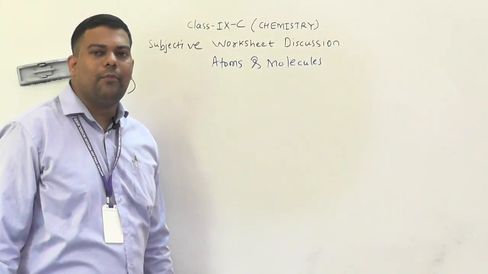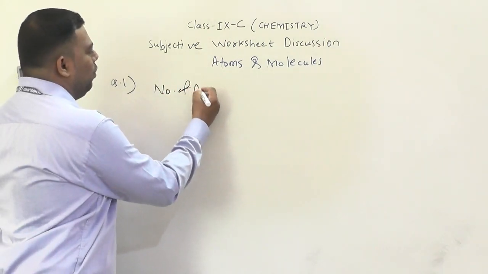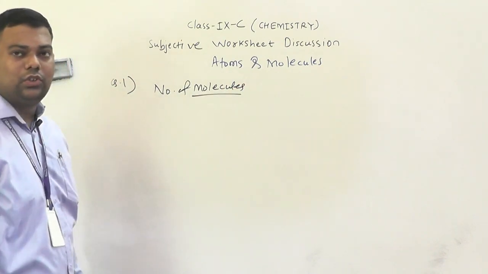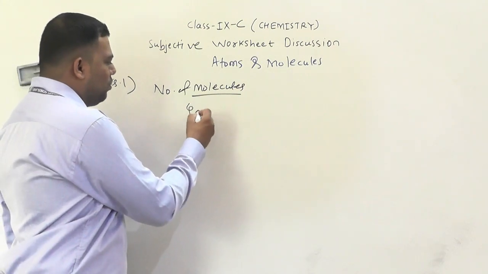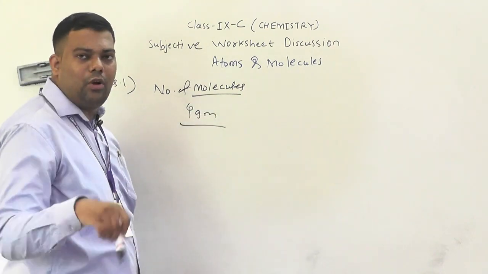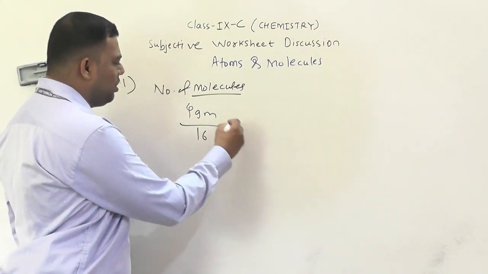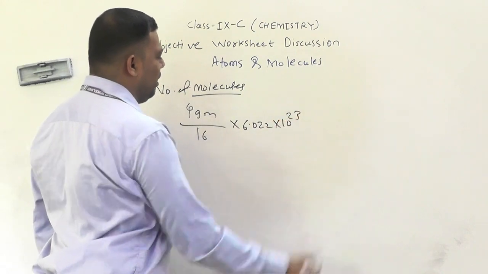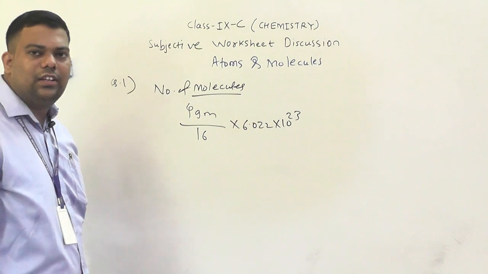As you know, first you have to calculate the number of moles of methane. Methane molar mass is 16, so 4 divided by 16, into Avogadro number 6.022 into 10 raised to 23. Then you will get the answer easily.